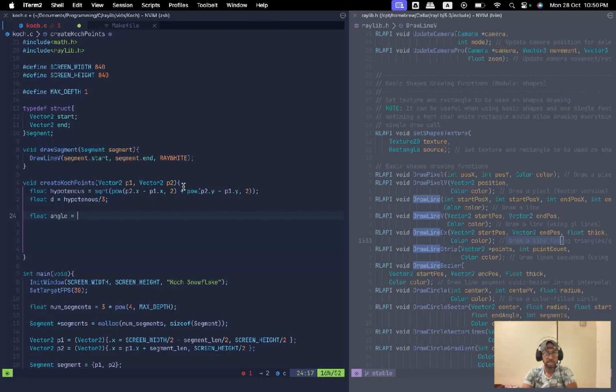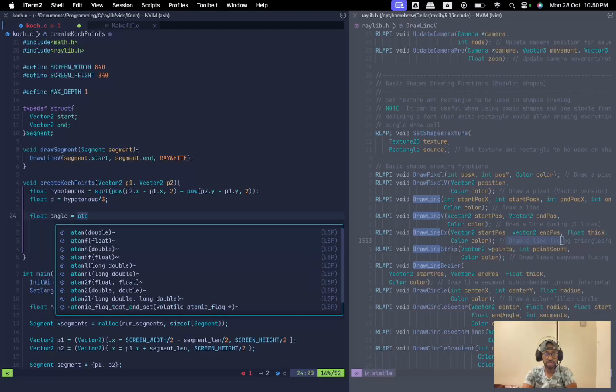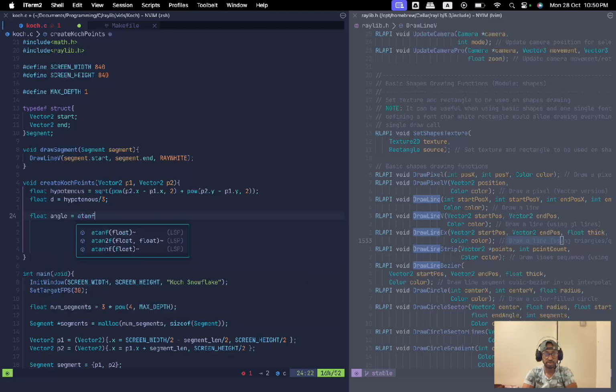In C there is a function called atanf. The angle theta is equal to the arctan, or the inverse tan, of the height divided by the width of the triangle.